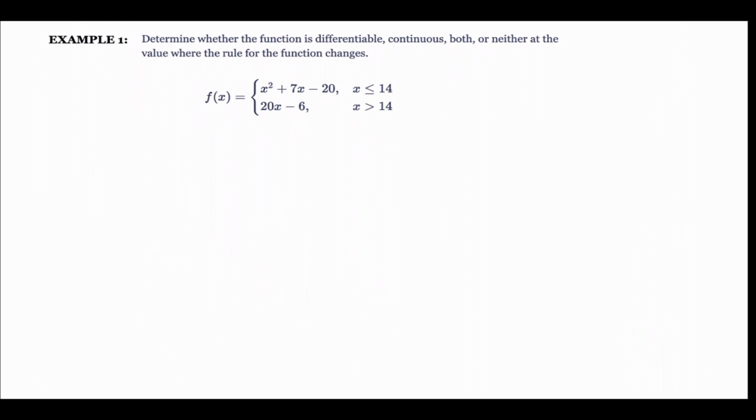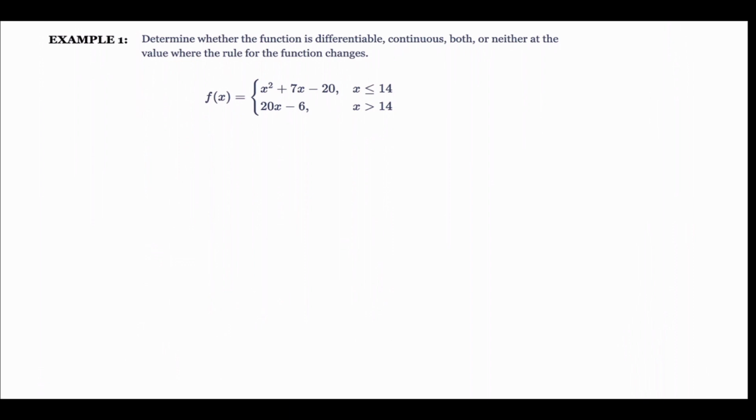Okay? So let's look at number one. Number one, determine whether the function is differentiable, continuous, both, or neither? At the value where the rule for the function changes.